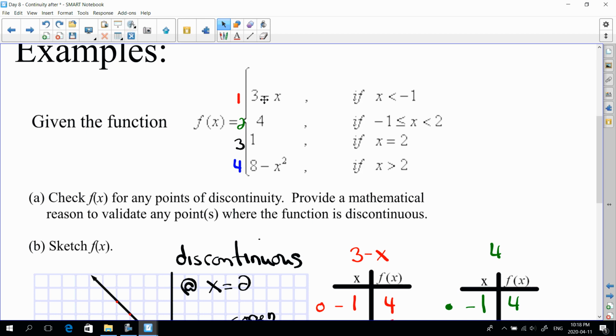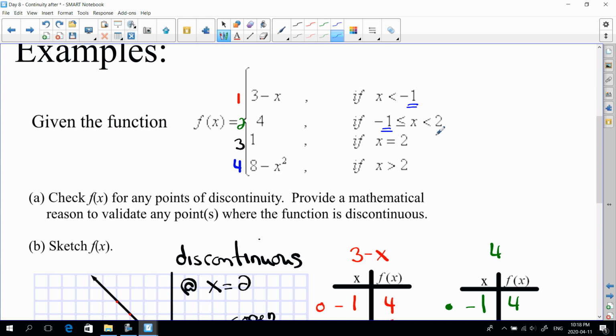Notice this piecewise function, it actually has 4 pieces. It switches from the function 3 minus x, this linear function, to this other linear function, that this piece would just have a height of 4 the whole way, but it switches at an x value of -1. So that's one of the x values that we're going to have to test.